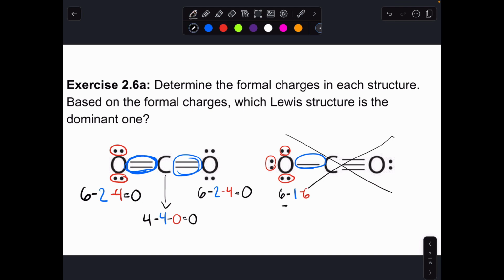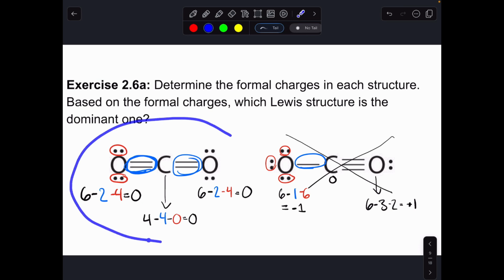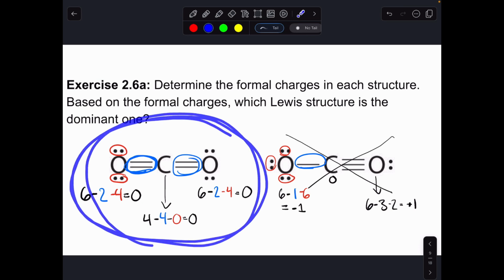And so in this shape, this oxygen has a minus 1 formal charge. Our carbon in the center still ends up being 0, but this oxygen over here ends up being 6 minus 3 minus 2, and so it's a plus 1 formal charge. So between the two structures, this one is the dominant one.